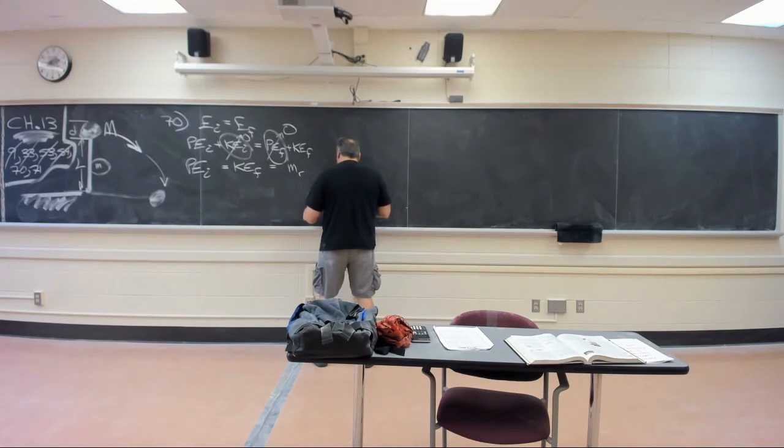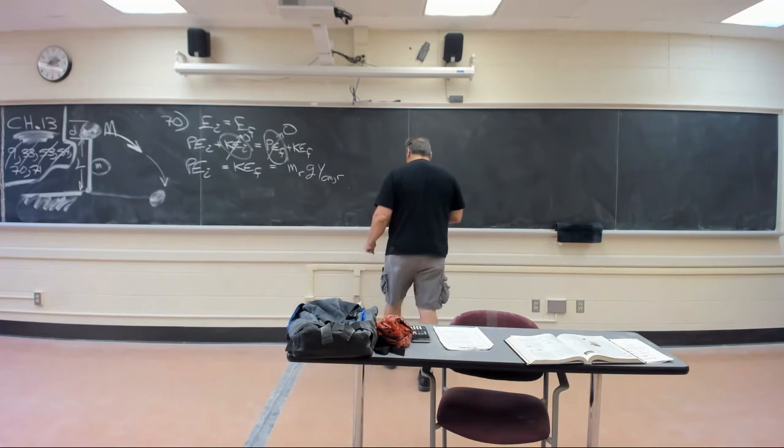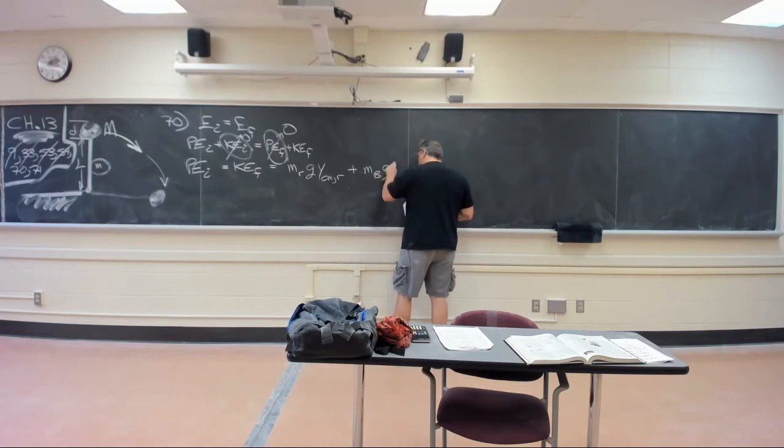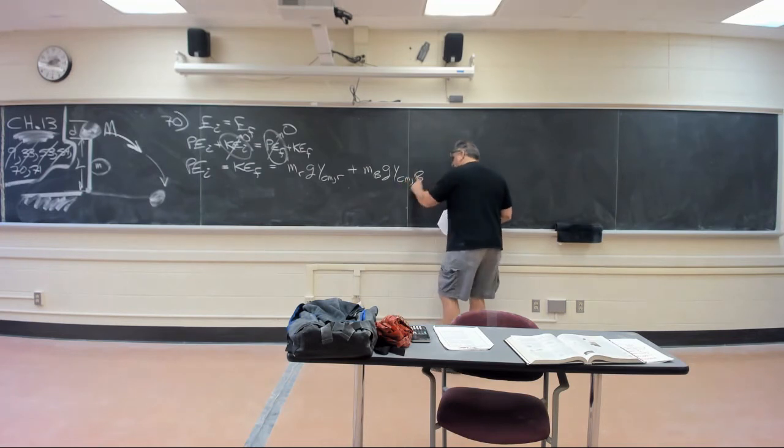That doesn't mean multiply by r, it's M sub r for rod. G is G, and Y is the center of mass of the rod. The ball: mass of the ball times G times Y, the Y of the center of mass of the ball.